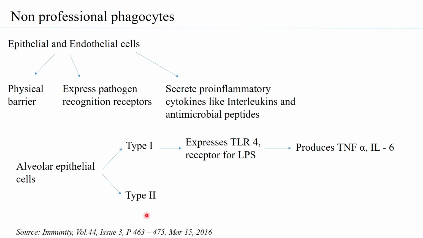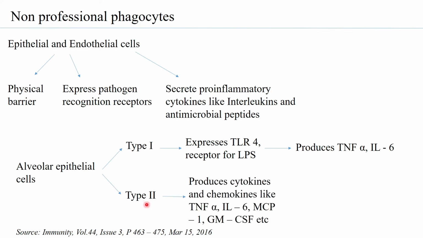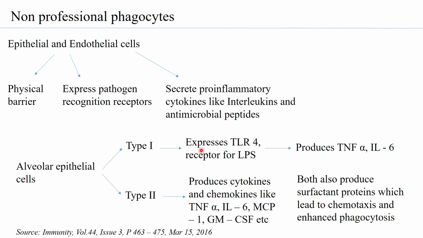The other type only comprises 5% of the epithelial cells, but these too are able to produce cytokines and chemokines, and both the type 1 and the type 2 alveolar epithelial cells are also able to produce surfactant proteins like surfactant protein 1 and 2.